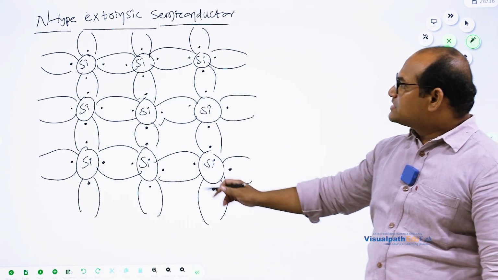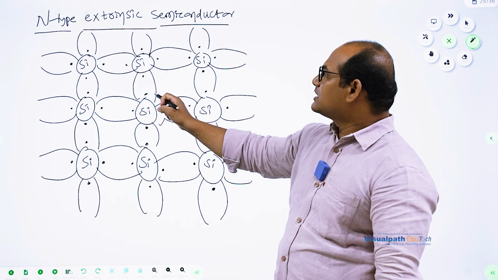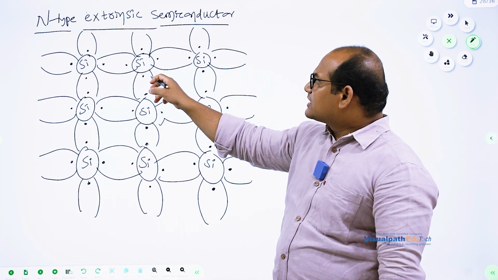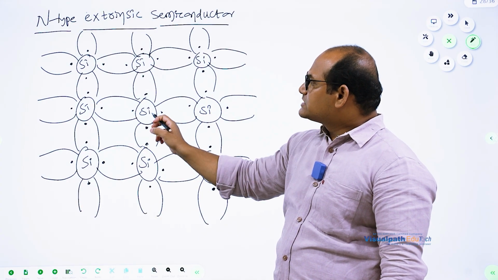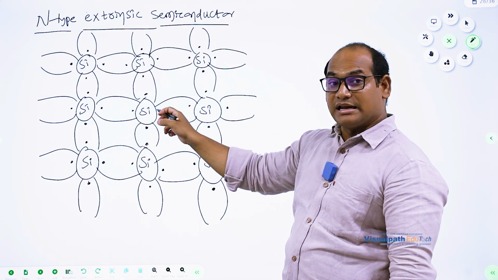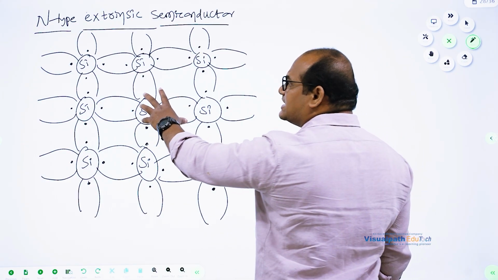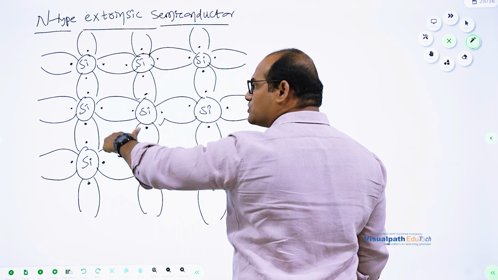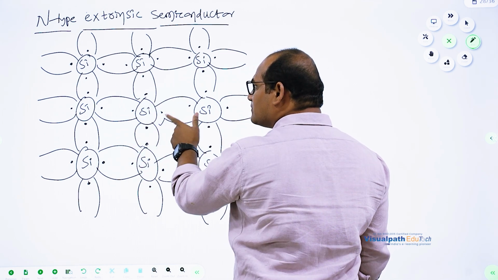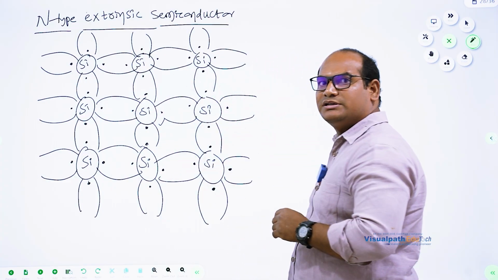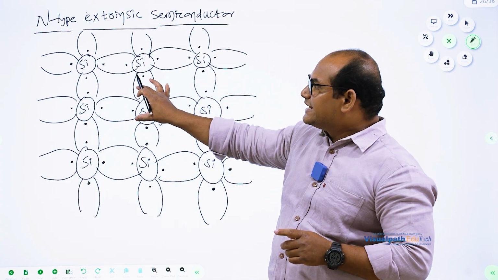This silicon atom has its own 4 valency electrons. The fifth valency electron we are getting from this silicon, the sixth from this silicon atom, the seventh from this silicon atom, the eighth from this silicon atom. So this silicon atom has 4 covalent bonds from the neighboring 4 silicon atoms. Totally it gets 8 electrons in the outermost shell. So we can say it is getting stability.